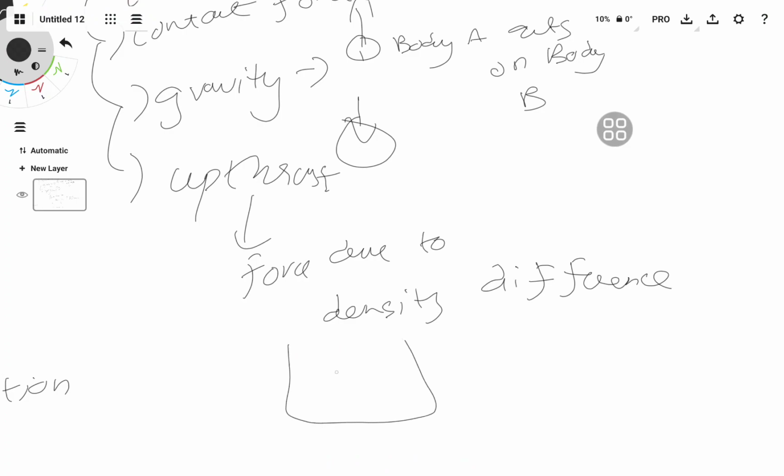So let's say this liquid has a density of 1500 kg per meter cube, and our body has a density of 750 kg per meter cube, so it has less density than the liquid.